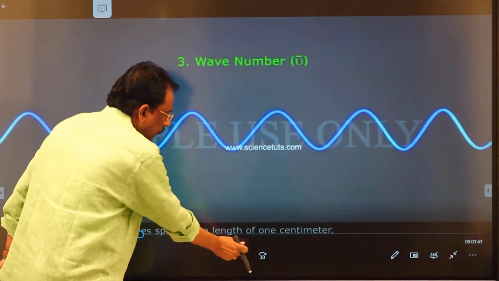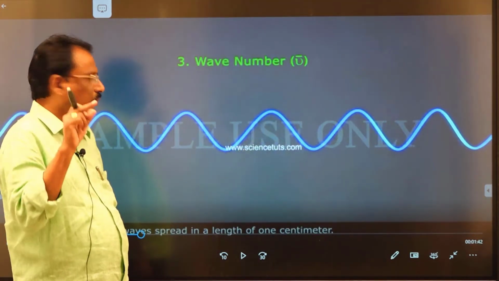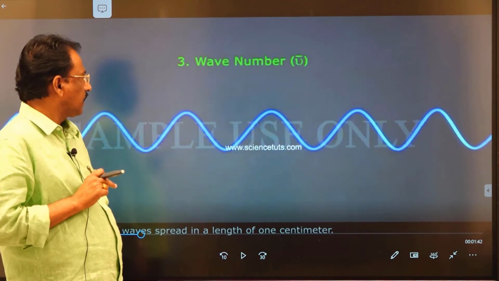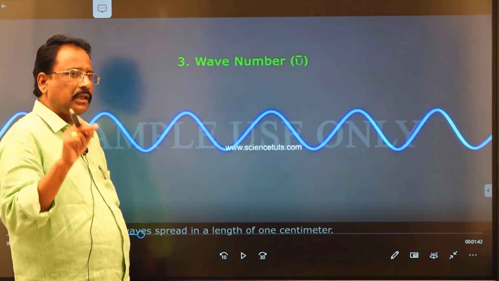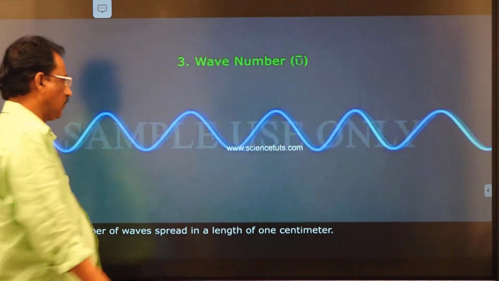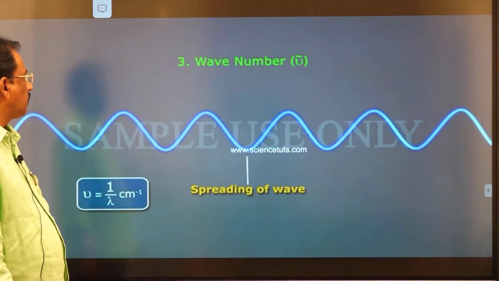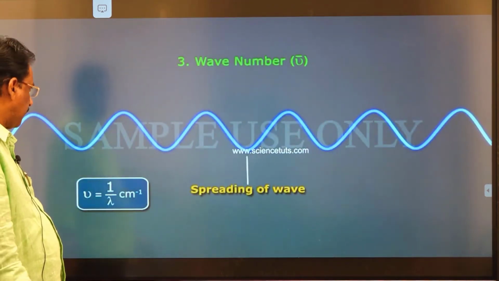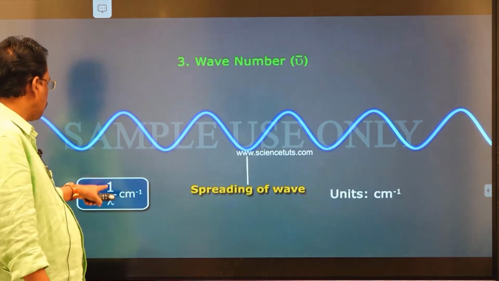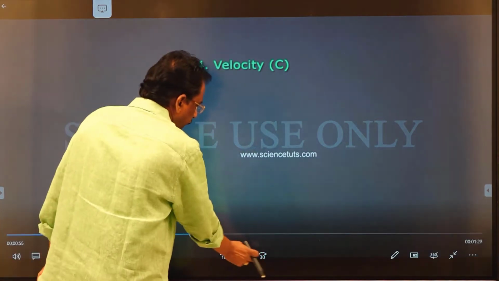The number of wavelengths per unit length is known as wave number. So the formula used to calculate wave number is the reciprocal of the wavelength. Nu bar means wave number. This is not nu, this is nu bar. Nu bar is equal to 1 by lambda, that means the reciprocal of the wavelength.